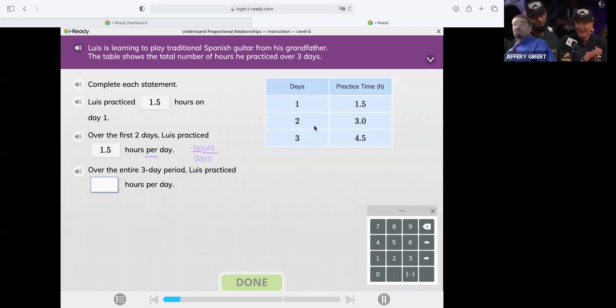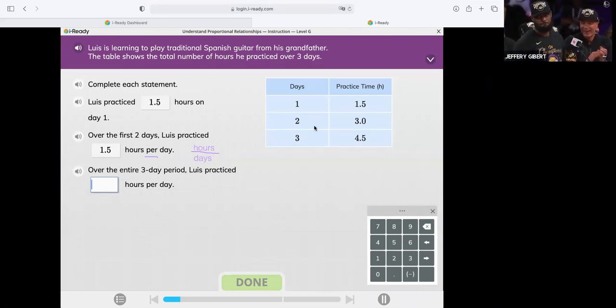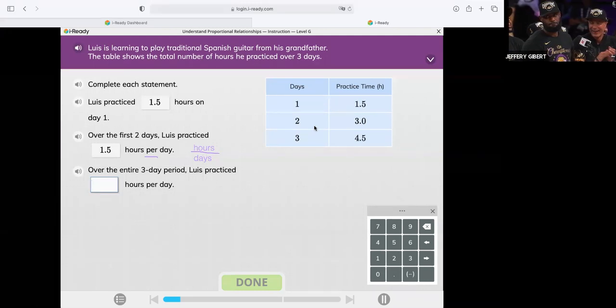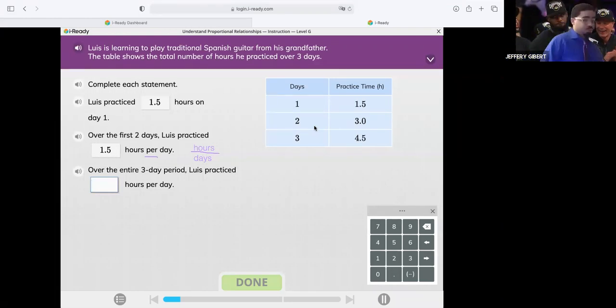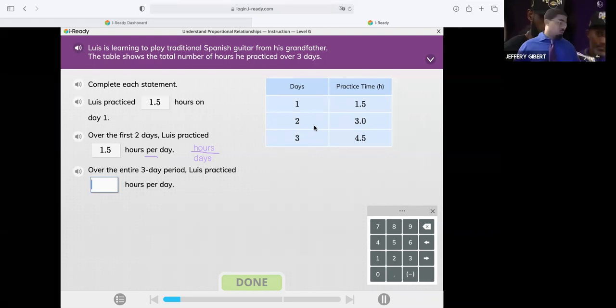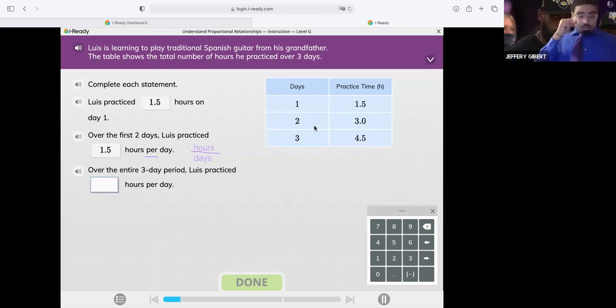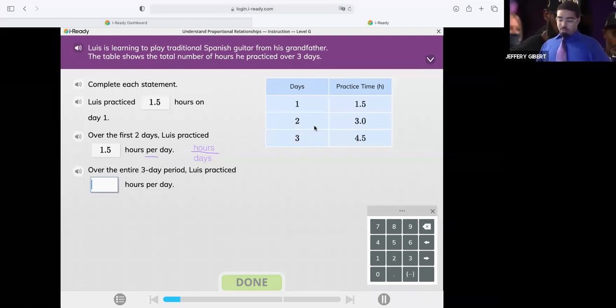Sergio, what's this one? 4.5. Nope. Look, it's hours per day.